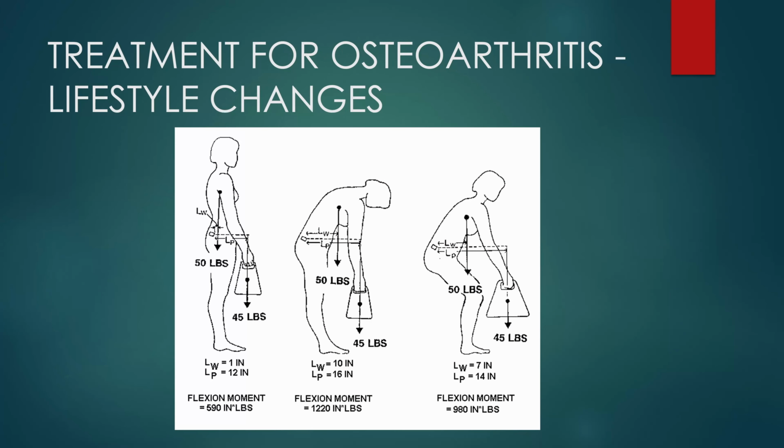This is kind of a complicated picture, but just to reinforce the concept that depending on your posture, you can put a lot more stress through certain joints or your back, the way you're lifting. Like when you're lifting with your knees bent and your back straight, it puts a lot less pounds of force through your low back than it does when you're bending at the back and then pulling it back.